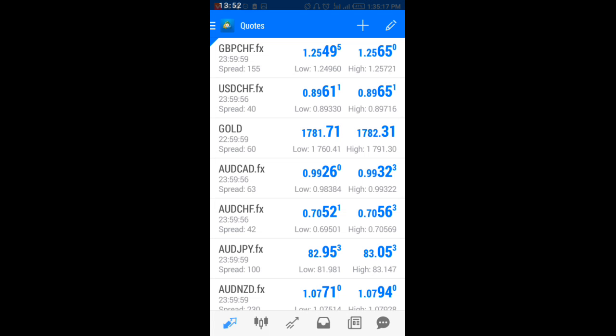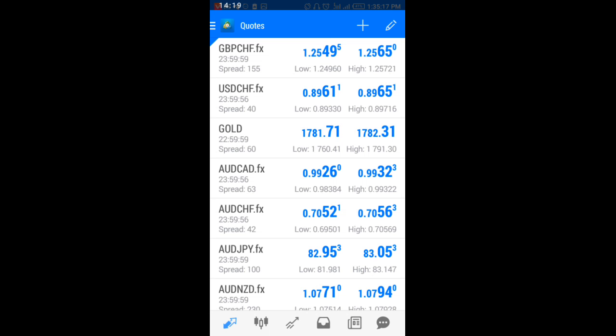The bid price 1.25495. The ask price 1.25650. So when you find the difference, if you deduct 1.25495 from 1.25650, what you get is the spread.